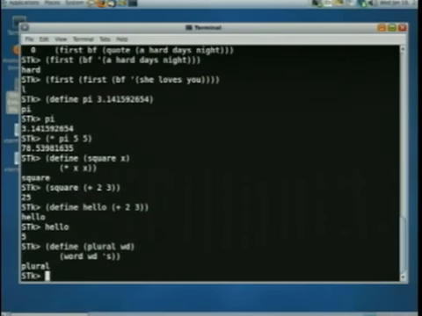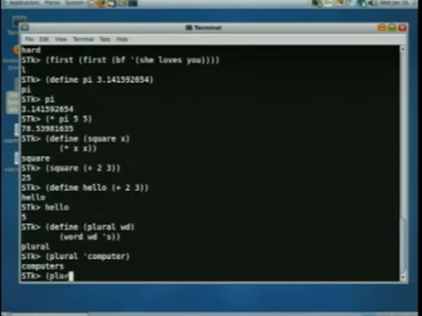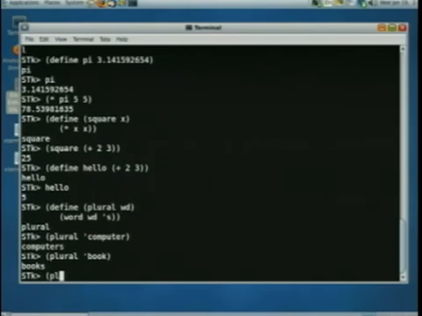So here's a typical function that you might define. So I can say plural computer, computers, plural book, plural boy.